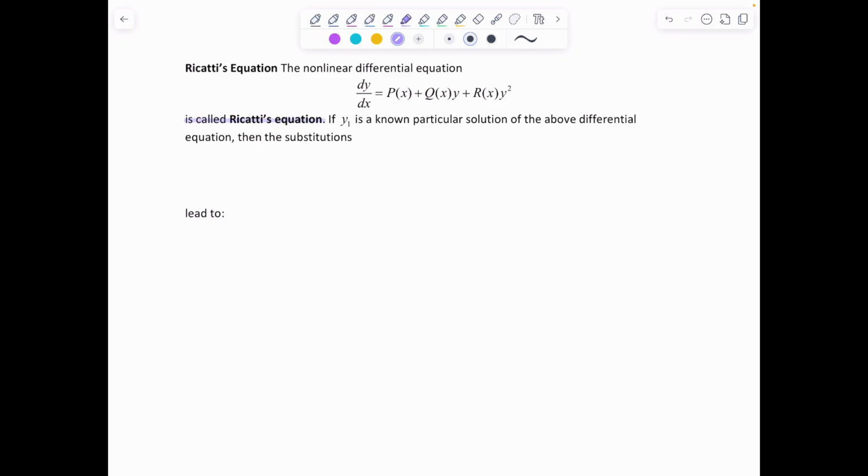So someone's going to have to give you y1 and say, here's a solution. Then you're going to make the following substitution. You're going to let y equal y1 plus u. And then if you differentiate, dy/dx would be dy1/dx plus du/dx, right? I'm just going through differentiating term by term with respect to x.